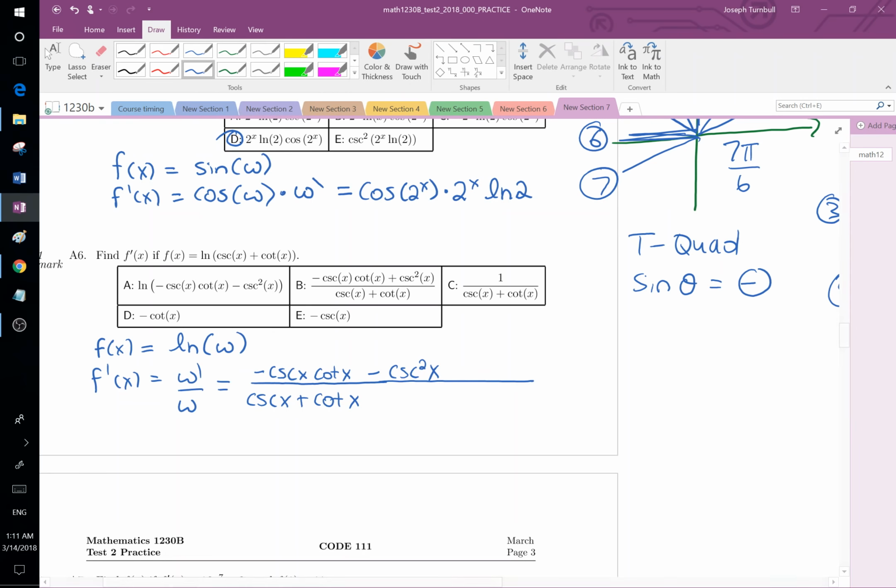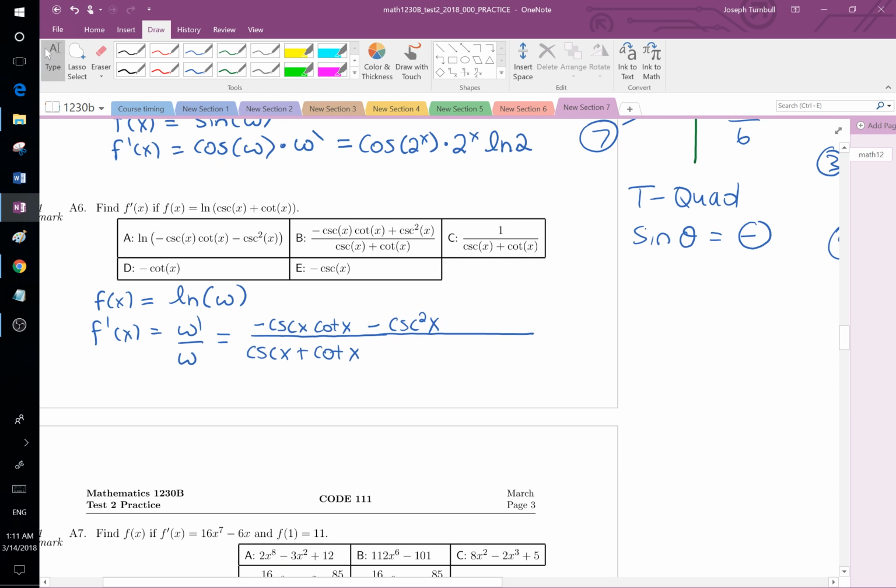This is almost option B. So option B is wrong. It has a plus sign and it should have a minus sign. That means we have more work to do. I got some emails about this. Well, how come there's a typo in B? There's not. You have the common factor. So on the numerator, we factor out negative cosecant of x. In the first piece, we're left with a cotangent of x.